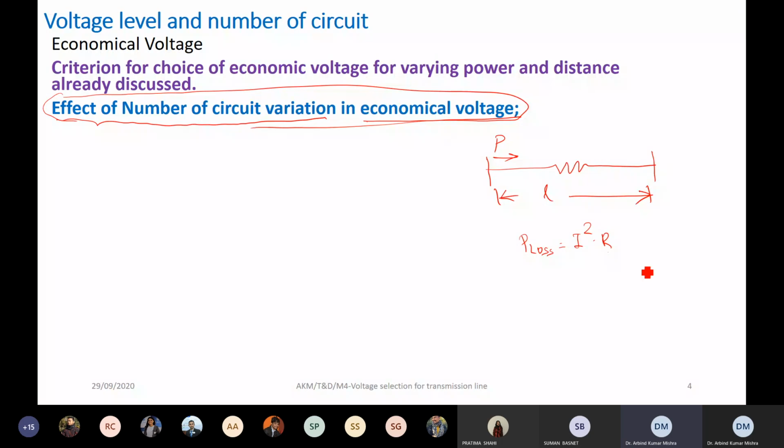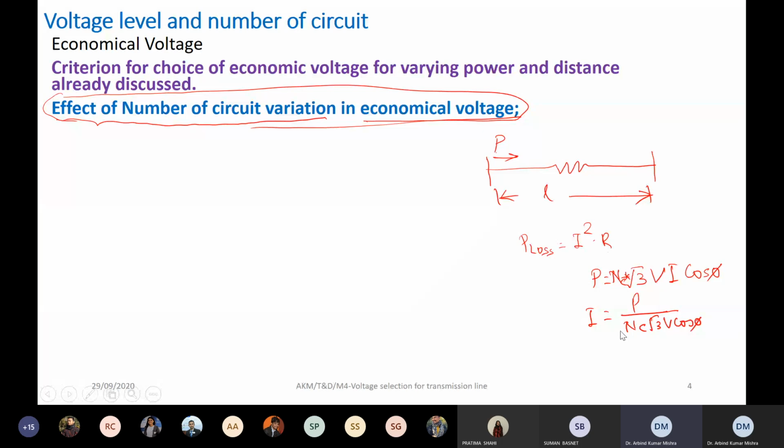Now with multiple circuits, only the correlation between P and I will change. P is equal to root 3 V I cos phi; that was the expression for a single circuit. But if this P is supplied through multiple circuits, then the expression changes to P equals the number of circuits times the same quantity, so I will be P upon NC root 3 V cos phi.